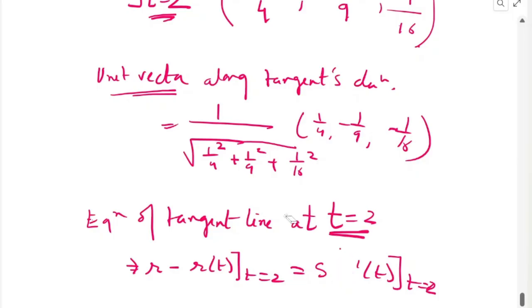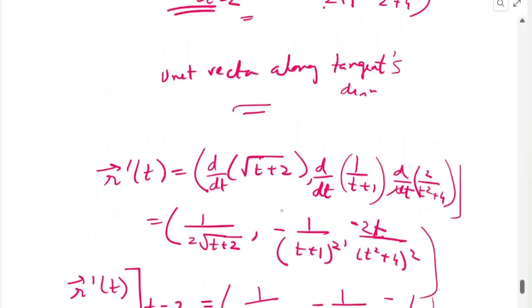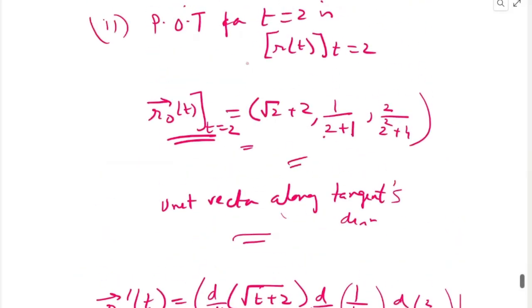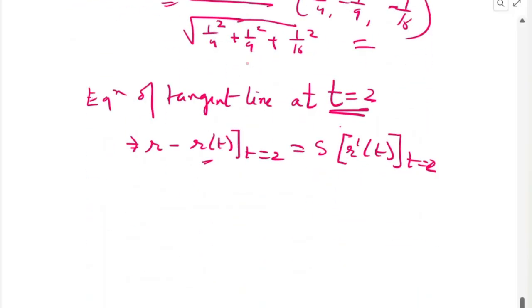All these things you have already calculated. This also you have calculated here, r(t) at the point 2, this one r0. So you just plug in everything here and you get the answer. So this is how you do the sum. So let us stop here.